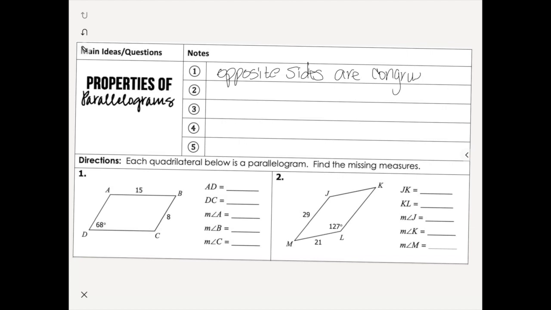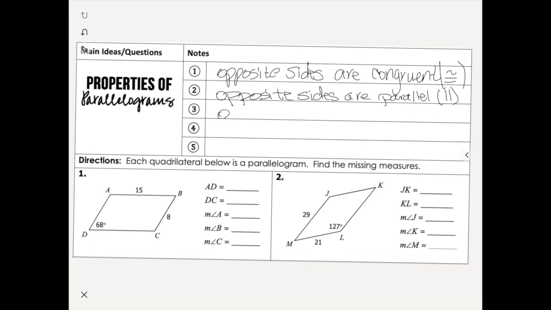And I'm going to be using the symbol for congruent often instead of writing out the word congruent. So just remember that that symbol means congruent. So opposite sides are congruent, and then opposite sides are also parallel. Opposite sides are parallel. That's the symbol for parallel.